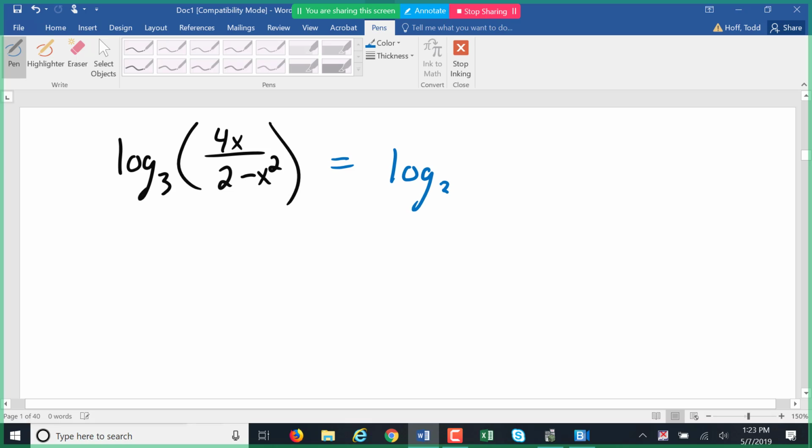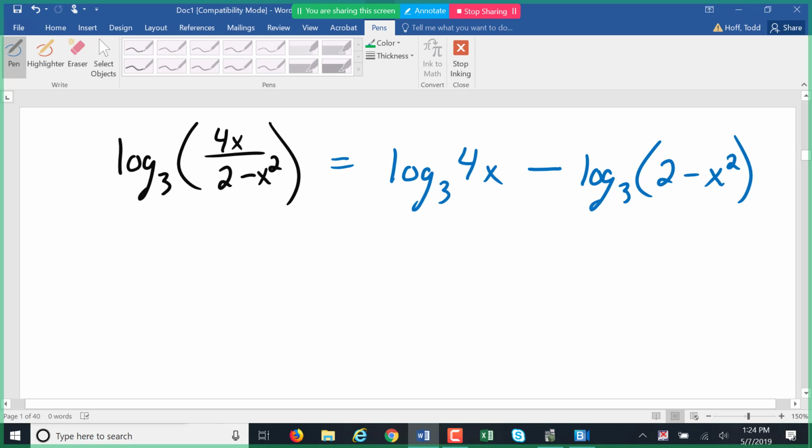So this is log base 3 of 4x, the numerator, plus or minus. We are dividing again, so it's minus. Log base 3 of 2 minus x squared.